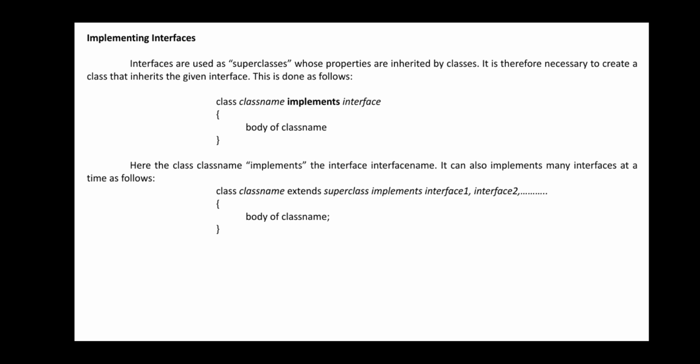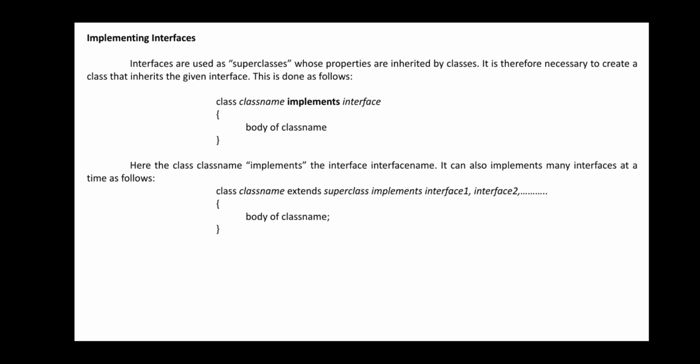For example, A and B are two superclasses, and C extends A and implements B. That is the importance of multiple inheritance, and it can be achieved this way.